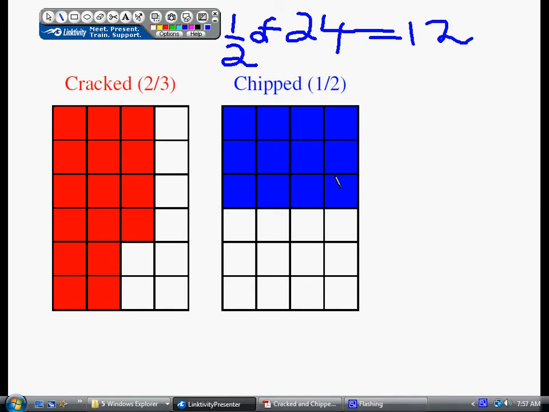That represents half. However, the next part is kind of complicated. The question says 1/4 of the plates were cracked and chipped, and 1/4 of 24 is 6, because 4 times 6 is 24. 1/4 of 24 is 6.